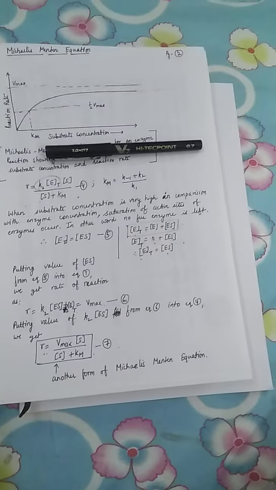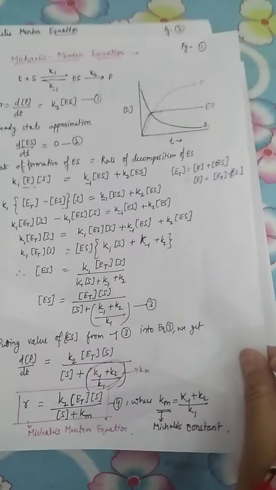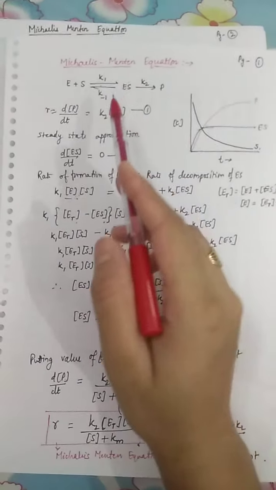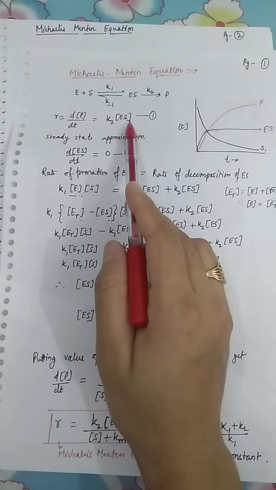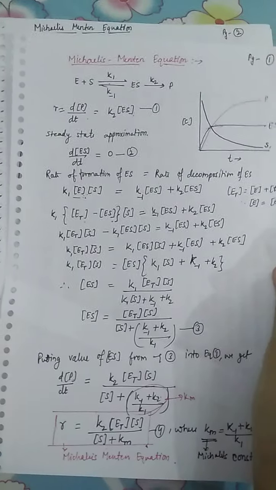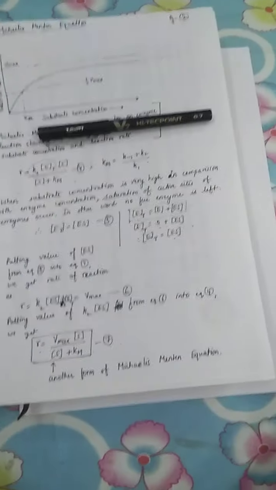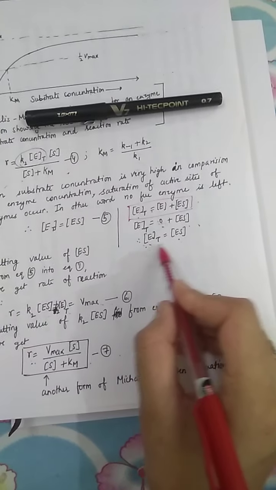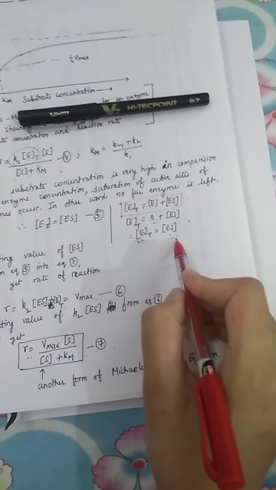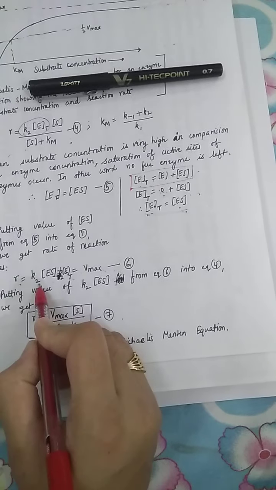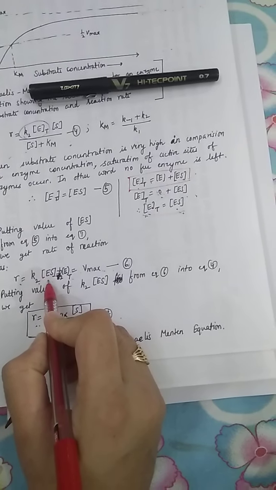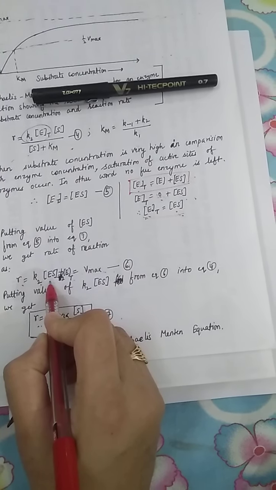Now the very first equation we wrote in our derivation was rate of reaction is equal to K2, concentration of our enzyme substrate complex. So again, using this equation and putting the value of enzyme substrate concentration from here, we can write our rate of reaction is equal to K2 into concentration of ES.